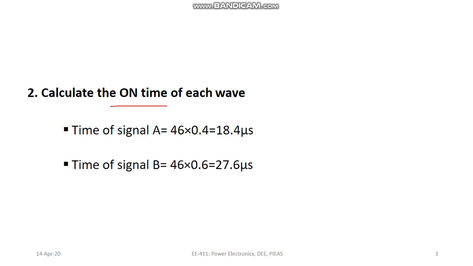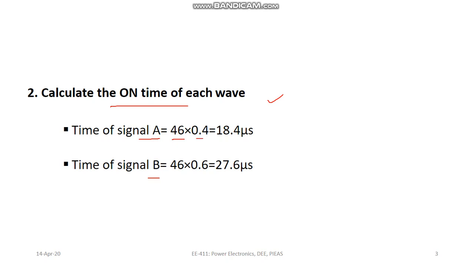Now the second step is to calculate the on time of each wave of both of the complementary waveforms. If I call one of these waveforms signal A and the other one signal B, then this is my new time period that I am left with after cutting off that dead time.